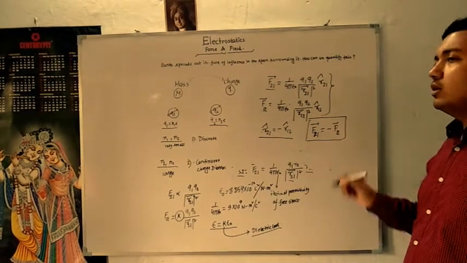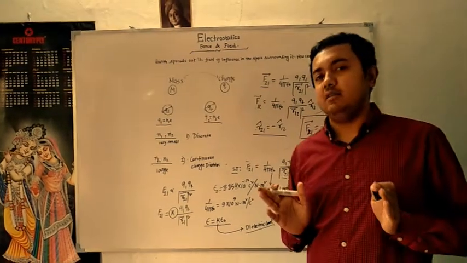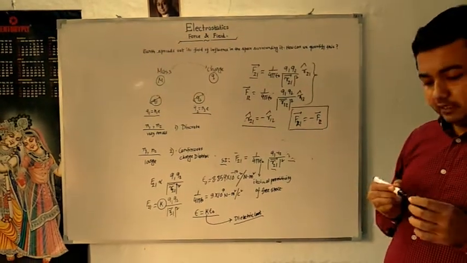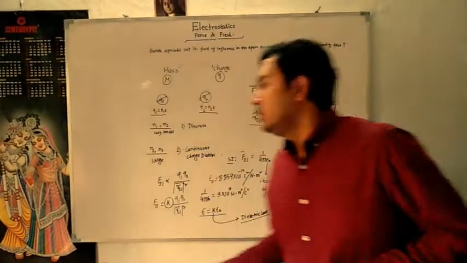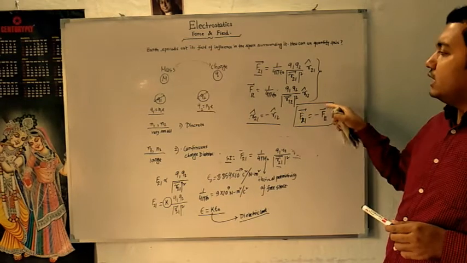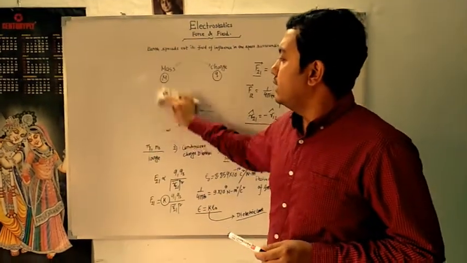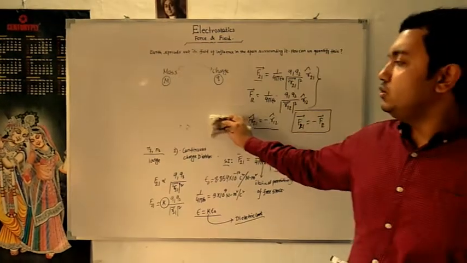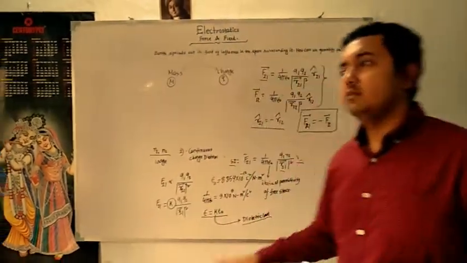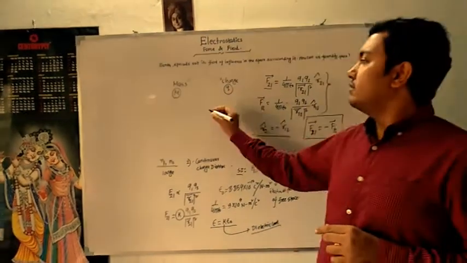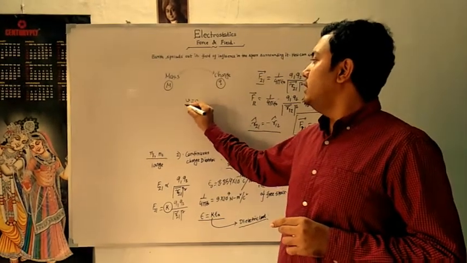So the magnitude of two forces are equal, but they are in opposite direction. This is the mathematical expression of Coulomb's law, from where we can calculate the electrostatic force in between any two charges, and the two charges are at rest, that is their velocities are 0.